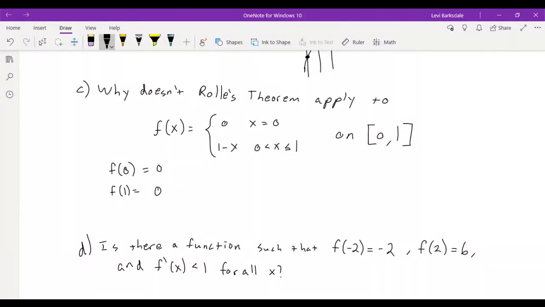And you can see that if we actually graphed our function, we would have a point at the origin, and then we would have a hole at 1 sloping down to this 0.